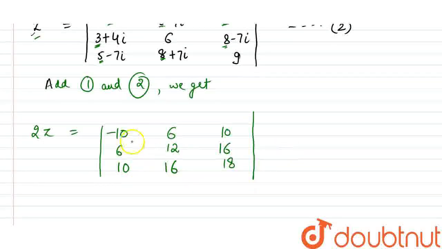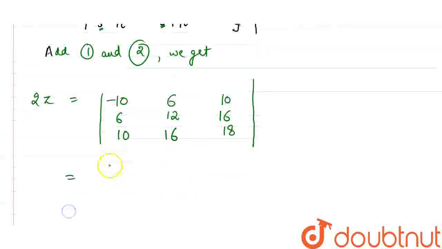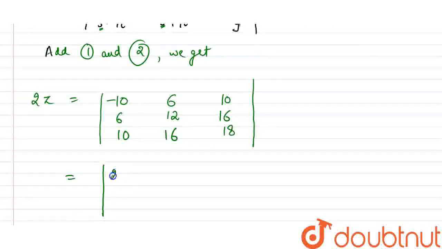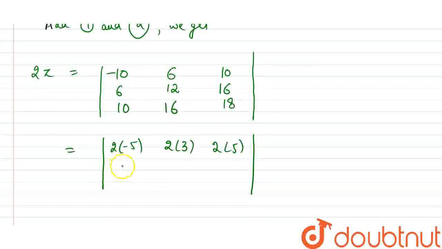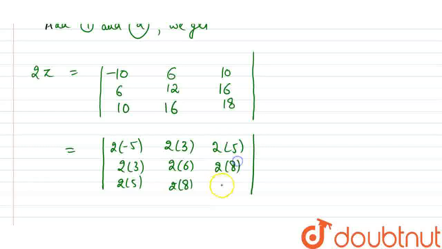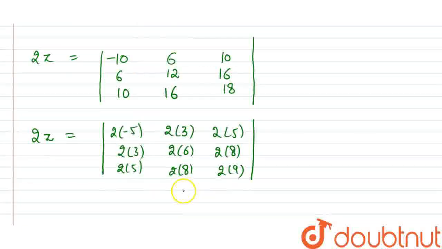Now we can take 2 common from each row. So this is actually, we can write it as 2 times minus 5, 2 times 3, 2 times 5, and this is 2 times 3, 2 times 5, 2 times 6, 2 times 8, 2 times 8 and 2 times 9. This is 2Z.